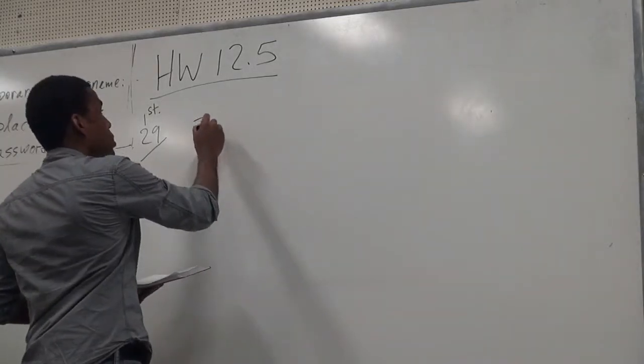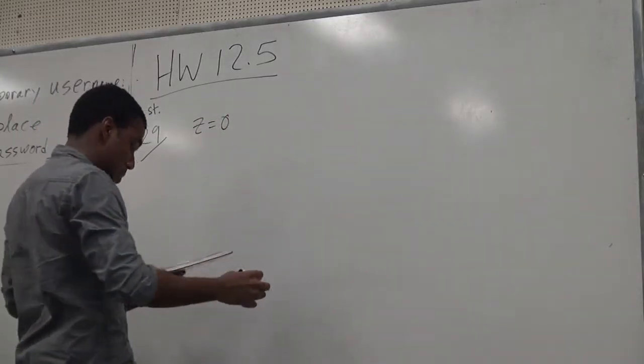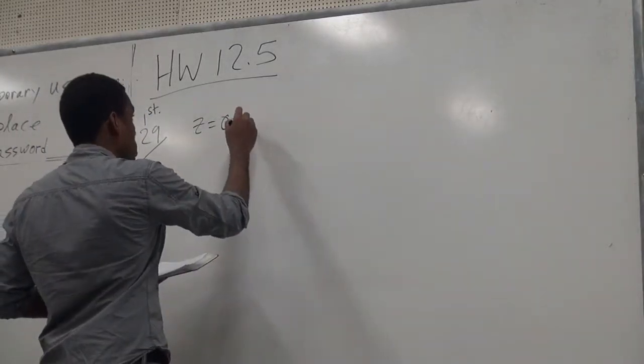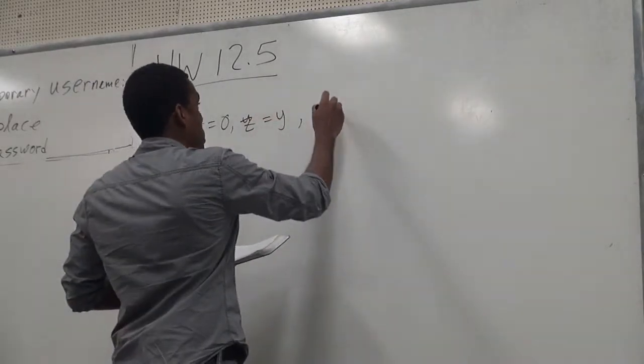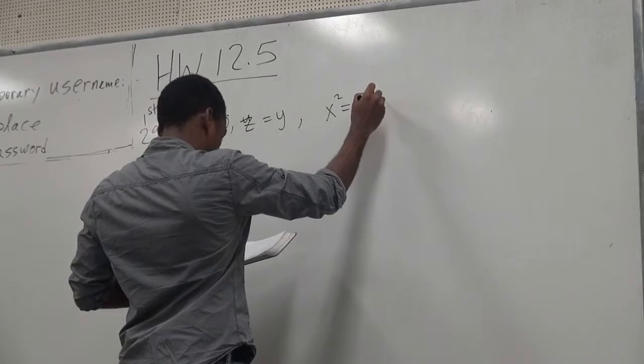this is just different views within the rectangular coordinate system. Z equals 0, Z equals Y, y equals 1 minus x squared.